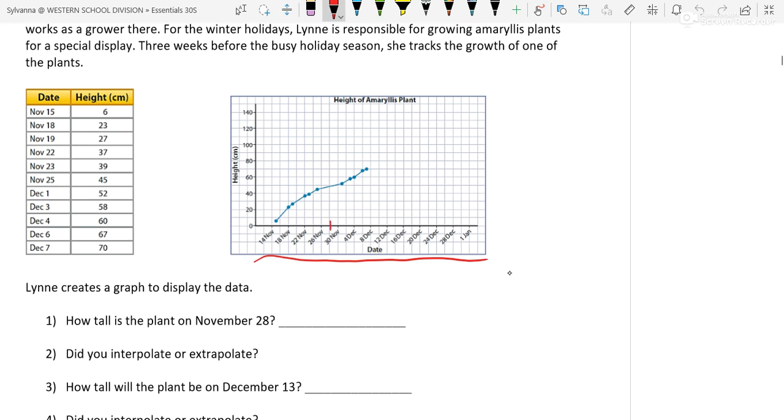So this would be November 28th, and if I look up, this is where I hit the graph, and if I look to my side here, it's about 50. So how tall is the plant on November 28th? It's about 50 centimeters. And did we interpolate or extrapolate for this? We're looking inside the graph at a point in the graph, so this is interpolate.